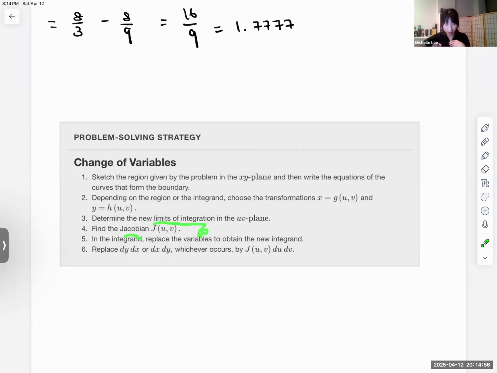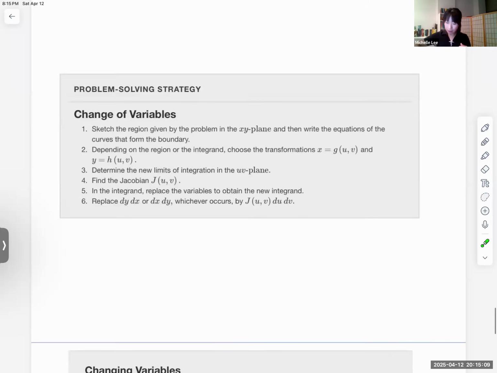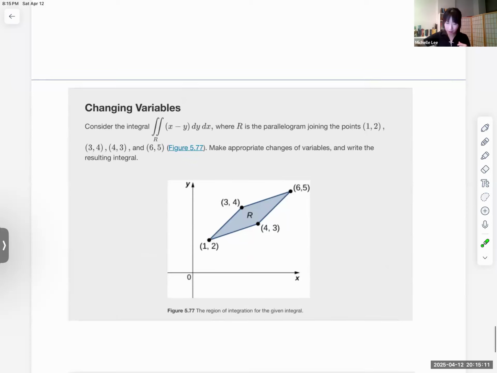And then use the Jacobian, and then integration, and we're using the changed variables when you integrate, right? Okay, so we have this question. For this double integration, we have x minus y dy dx.